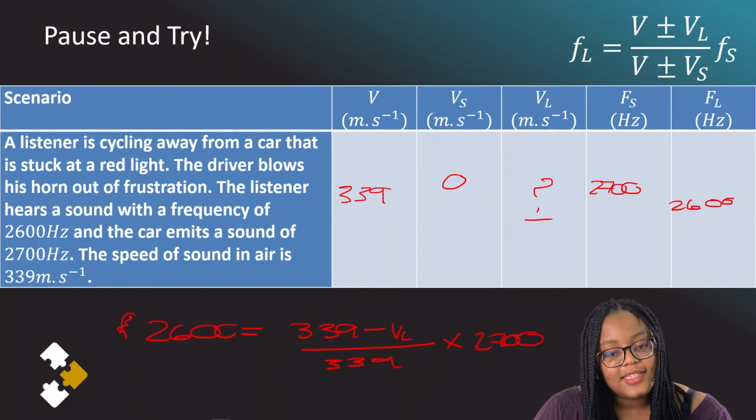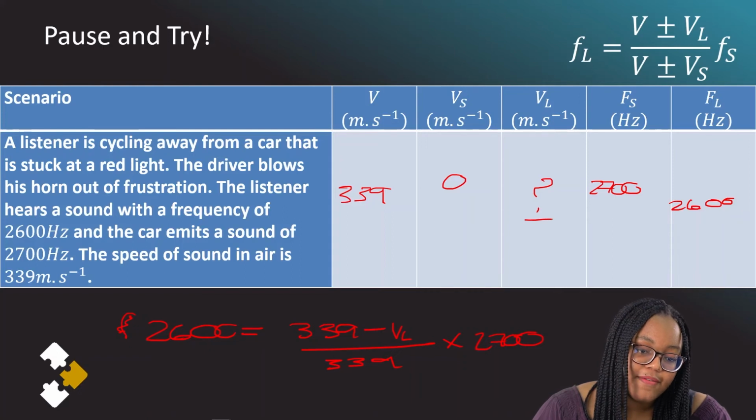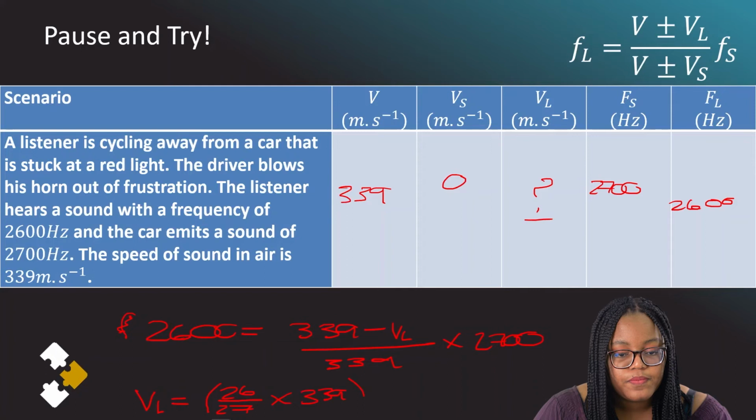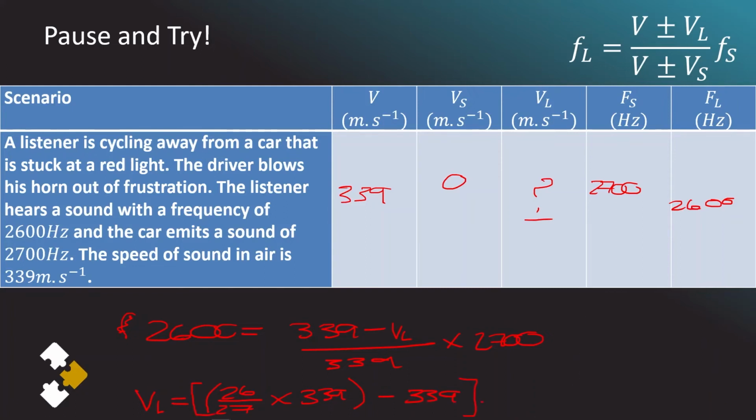Okay, and when we isolate for VL, you will get a final value that VL is going to be equal to 26 over 27 multiplied by 339 minus 339, or multiplied by -1, which will give you a final value of 12,6 meters per second.